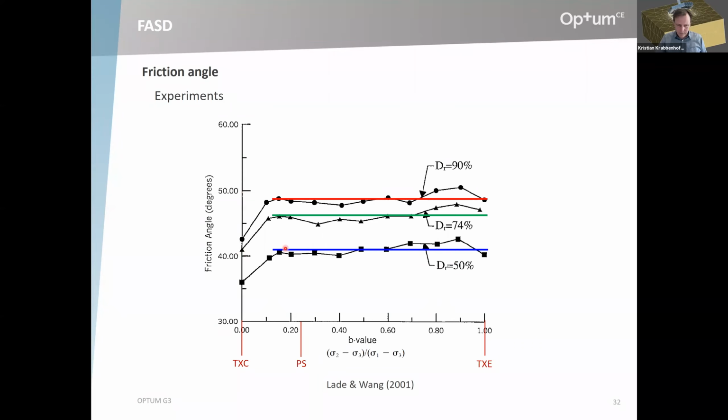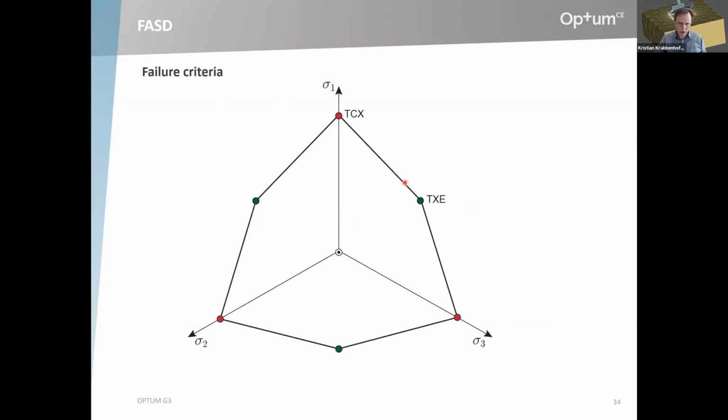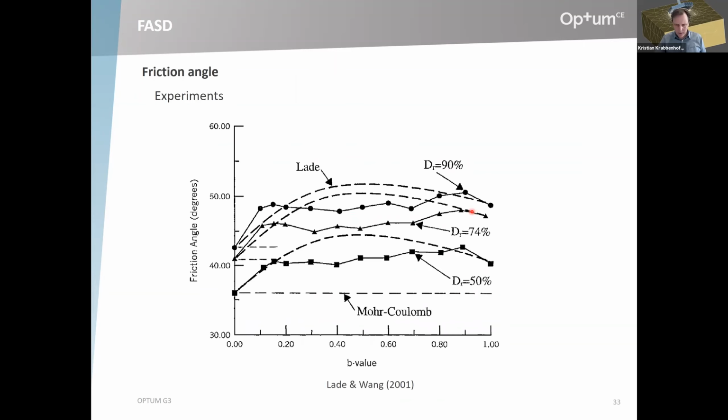And then something happens down here close to the triaxial compression corner. So these fits are definitely better than the ones shown here. But of course, there is that issue with the triaxial compression corner. So basically what we said is that the Mohr-Coulomb criterion is not very good, but it's not completely out either, because it does actually match the data over a large range of B values here.